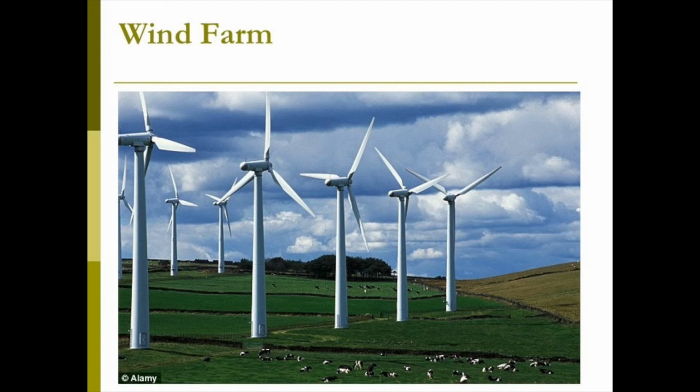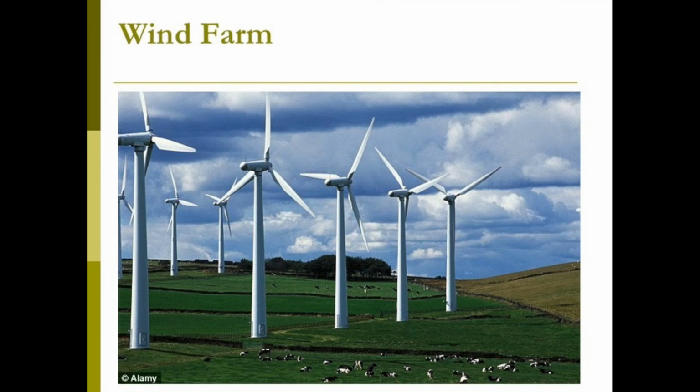A single wind turbine will have a power rating of 3 or 4 megawatts. 100 wind turbines would therefore have a power rating of 300 or 400 megawatts. So in order to have a total power output comparable to a large coal-burning power plant, 100 or 200 wind turbines are necessary, and they form a wind farm.